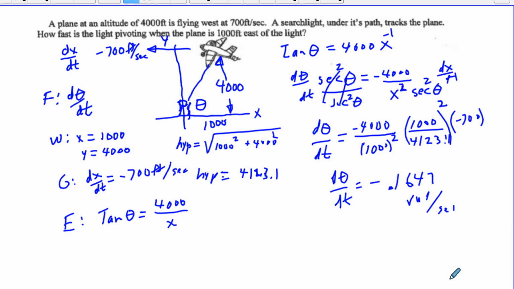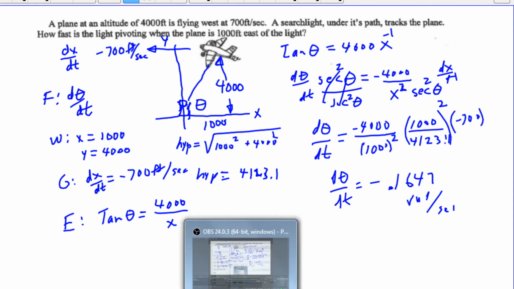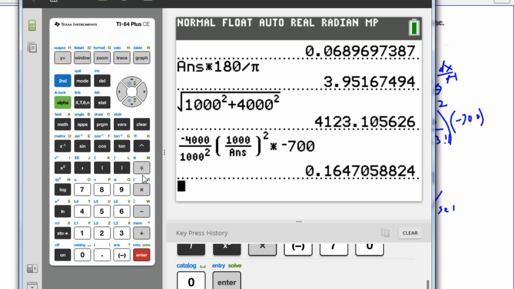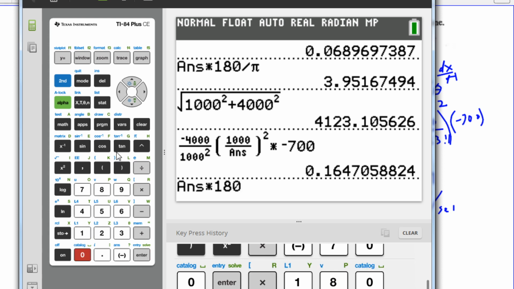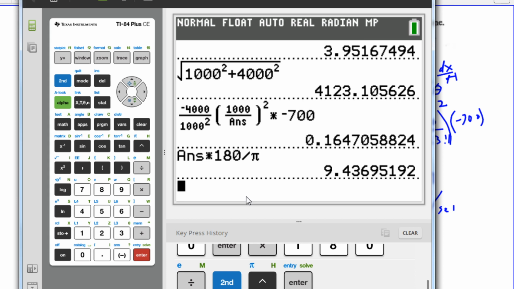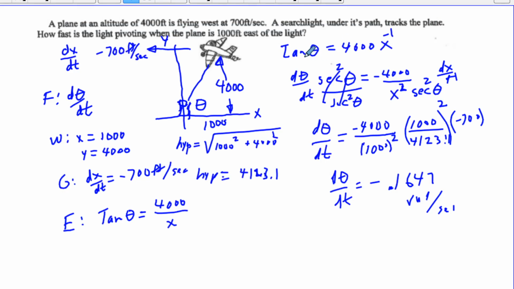Did you see Harry just made that comment down there? Okay, and really as far as what that'll be in degrees, we multiply by 180 over pi. So we get 9.44 degrees per second is what that looks like.